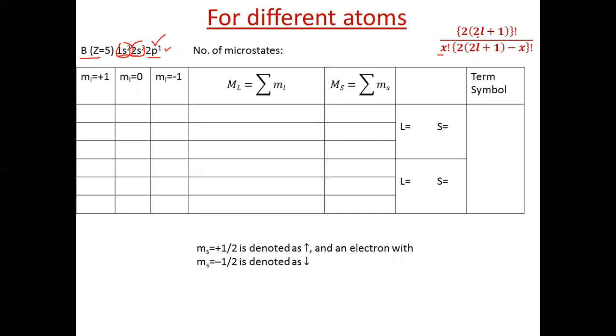So let us put here 2 into 2 plus 1, it is 3. 3 into 2, 6 factorial, divided by X, what is X? X is 1, number of electrons, 1 factorial, into 6 minus 1, 5 factorial. So 6 factorial by 5 factorial is 6.